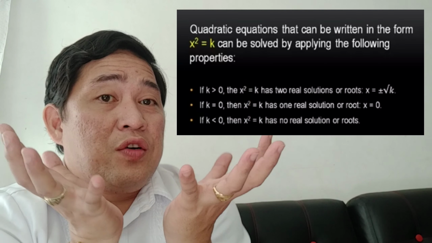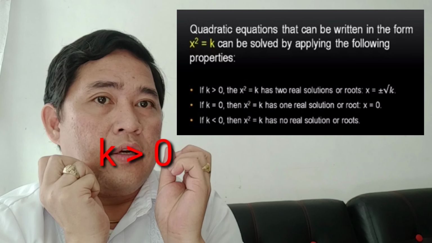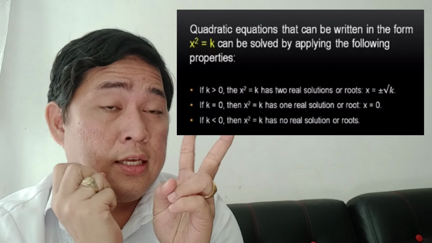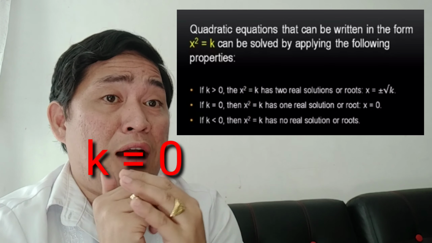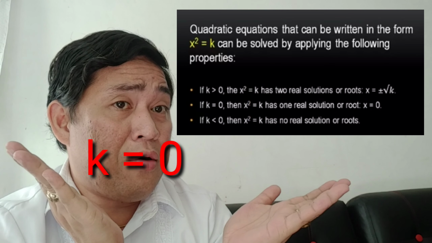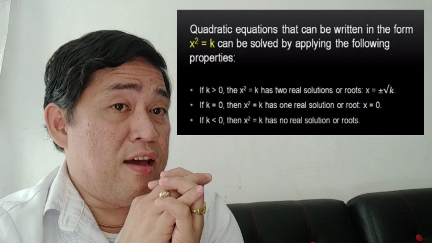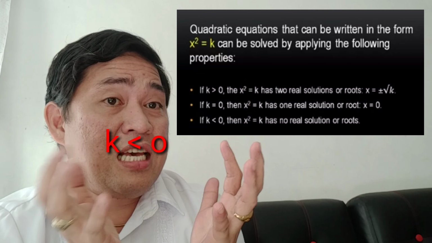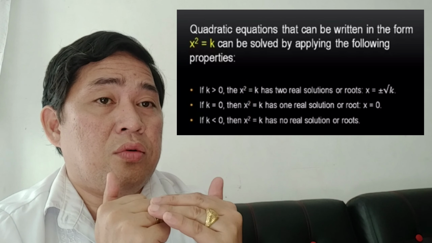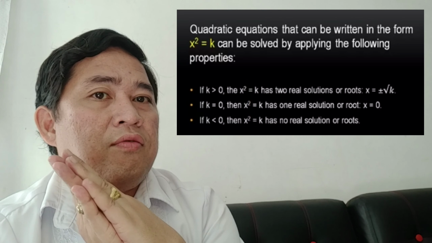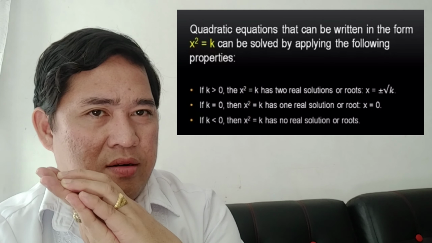If the value of c is greater than 0, there are two solutions. If c is equivalent to 0, then there is only one solution. If c is below 0, then it has no solution.